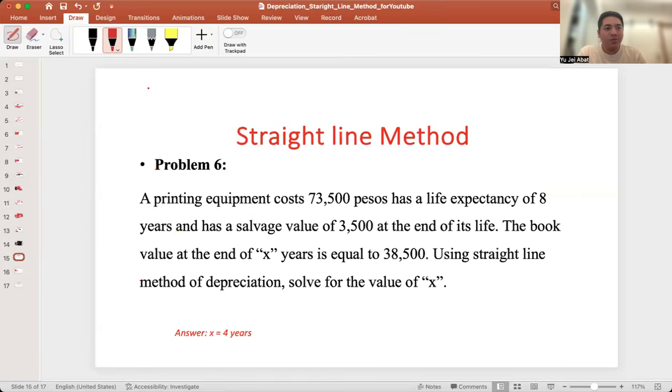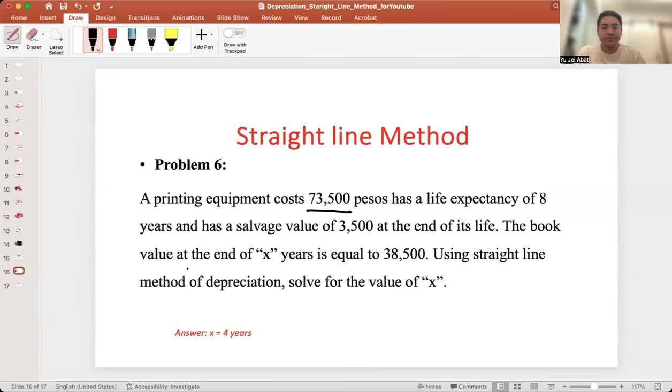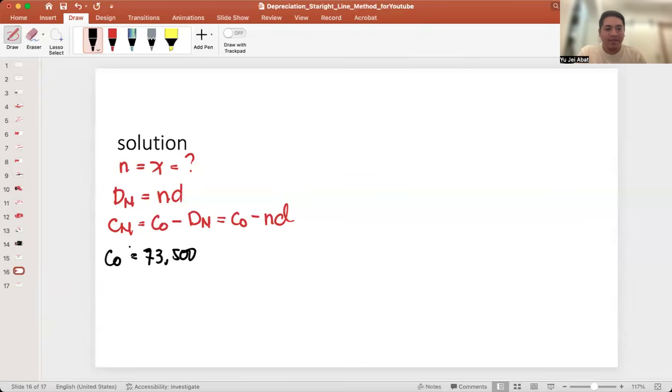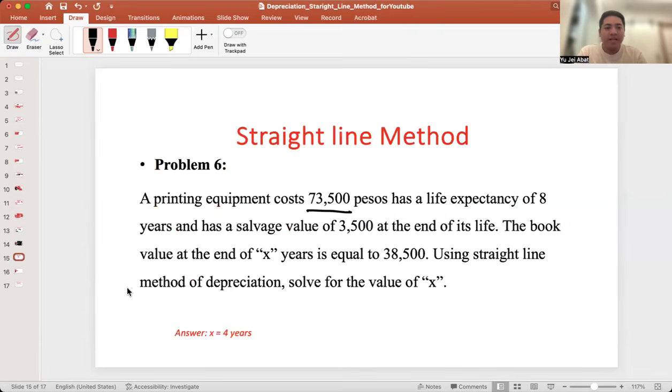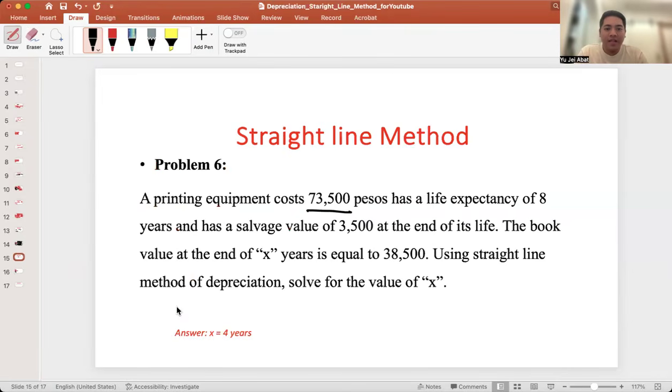Now, let's write the given. A printing equipment costs 73,500 pesos. It has a life expectancy of 8 years, so we have 8 as L. And it has a salvage value of 3,500 at the end of its life.